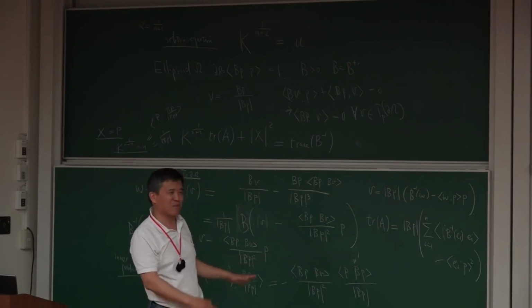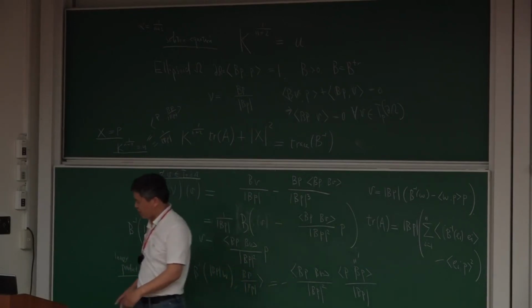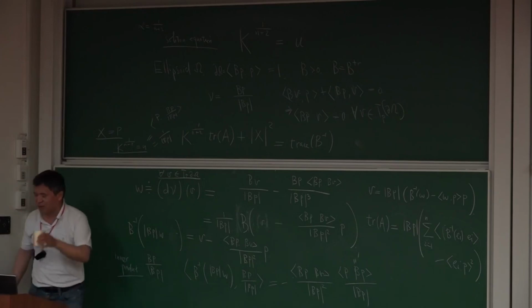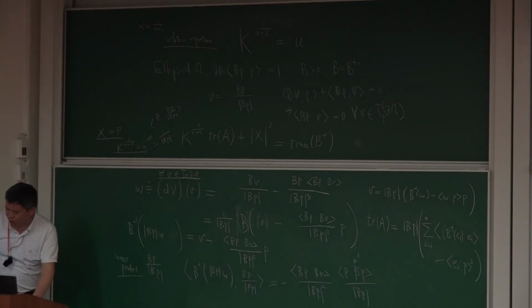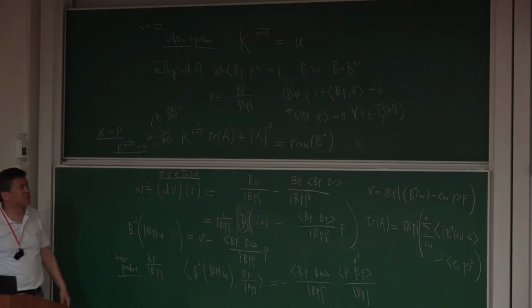So you hit it with the maximum principle. You can prove the Sutherland term is wrong. Also, you get a new proof for the ellipsoid case. So maybe I'll just quit here. Thank you.